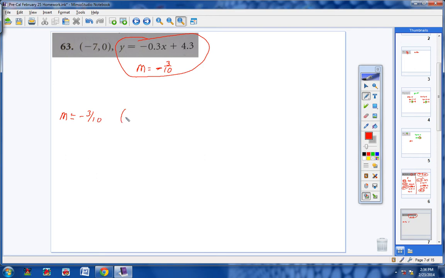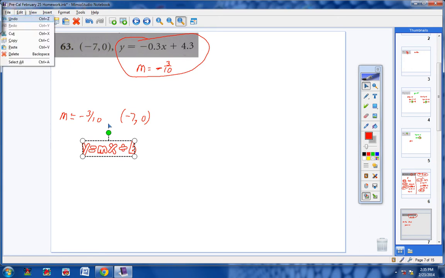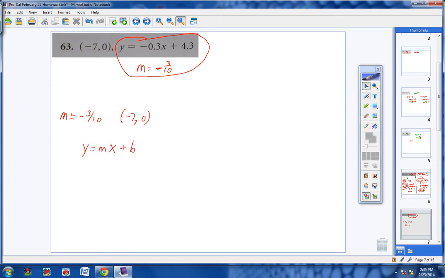Now I'm going to use this ordered pair right here to find b. So y equals mx plus b. And I'm going to very quickly copy this. There we go. And now where the y is, I will substitute 0. Where the slope is, I will substitute negative 3/10.